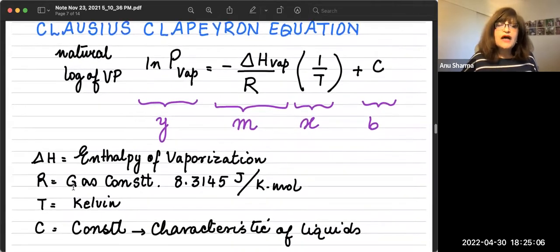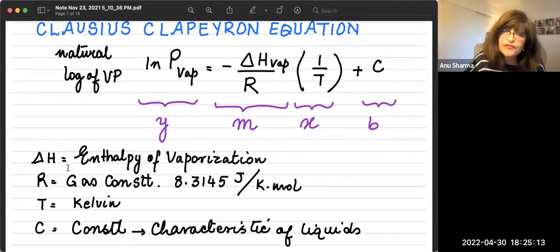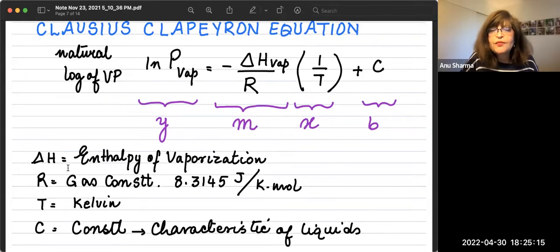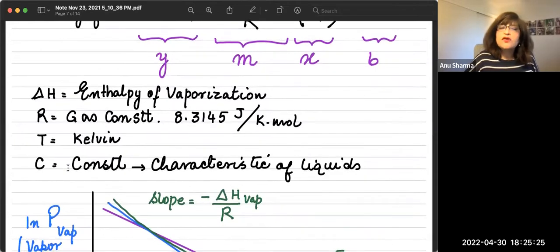So delta H vap is the enthalpy of vaporization. The value of the gas constant R is 8.3145 joules per K mole. Temperature is in Kelvin. C is a constant.